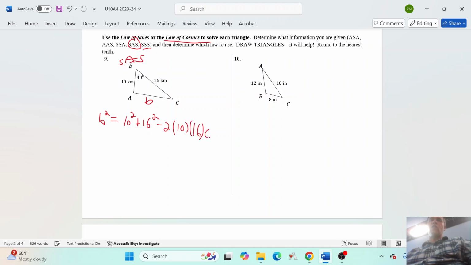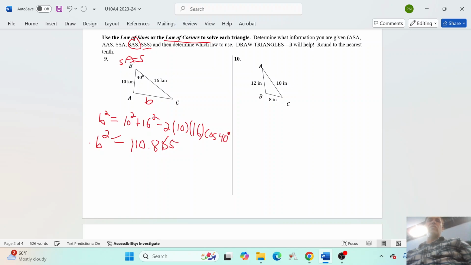And then cosine of the angle. So you're going to plug all that into your calculator and you're going to find b. You should get about 110.865 when you plug that in, if our calculations are correct.